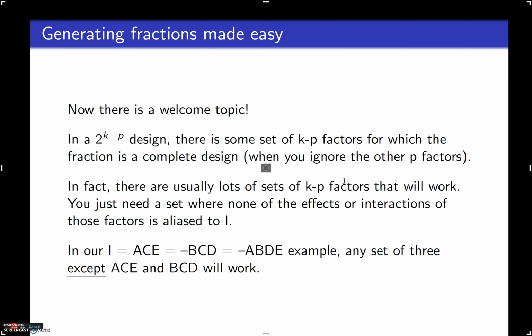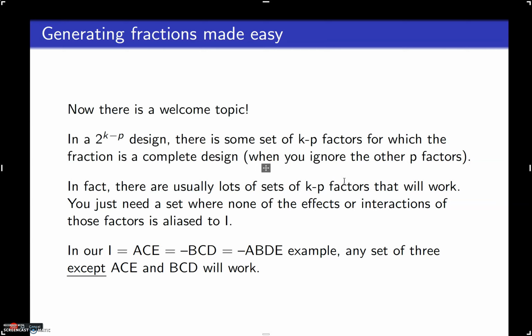Okay, so if you have a 2^(k-p) design, there's going to be some set of k minus p factors for which the fraction's going to be complete. And you want to choose those to be the important factors, the ones you really need to investigate. And you want to do it in a way that facilitates designing the experiment, not easy, it's never going to be easy, but more readily available, what those k minus p factors should be.